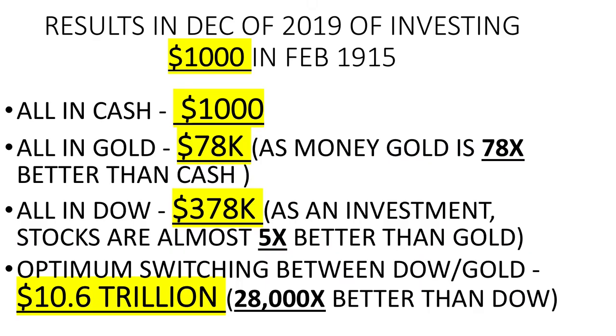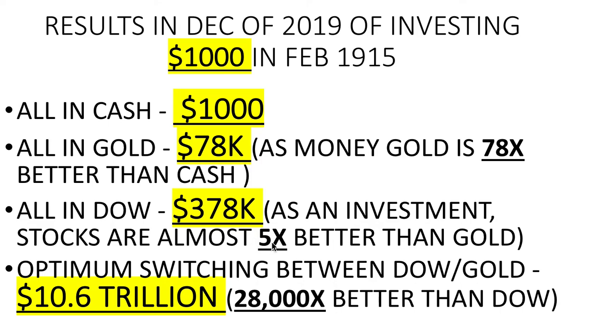Okay, so the results, and I'm still on the recap, but just real quickly, if you're a perma gold bug, you're better off than cash, but it's not really a great investment when you compare it to being in the Dow, a perma Dow bull, somebody who is always invested in the Dow.